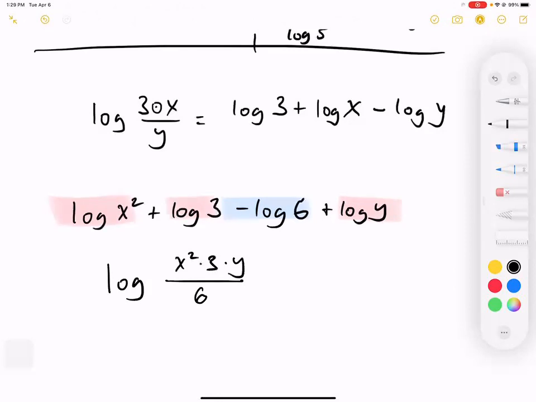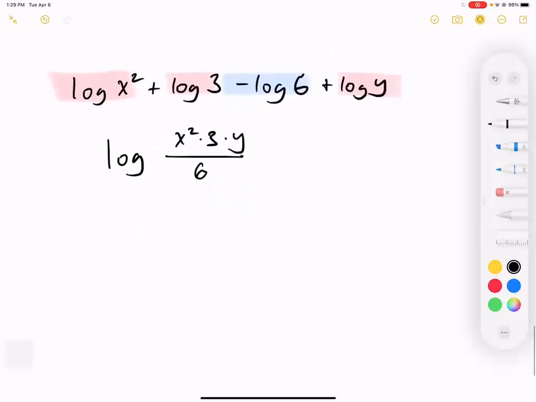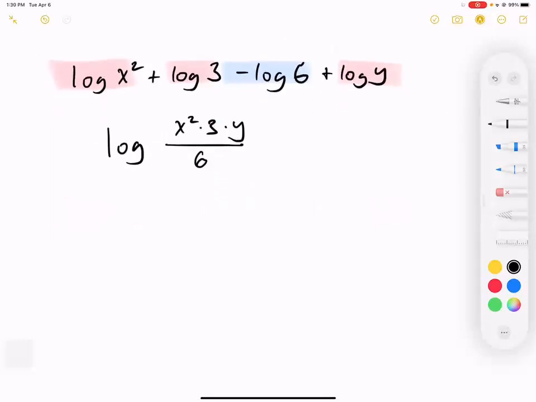Okay, and then now we have one last rule when it comes to rewriting these logs, and it's super important for us to be able to rewrite these logs. Now this is the power property. Power property of logs. And this is one of the most important rules that you will learn about logs.